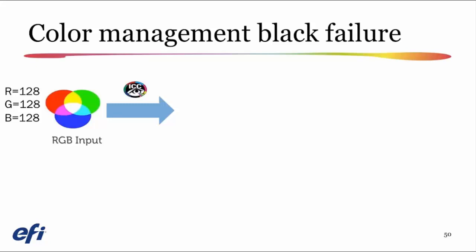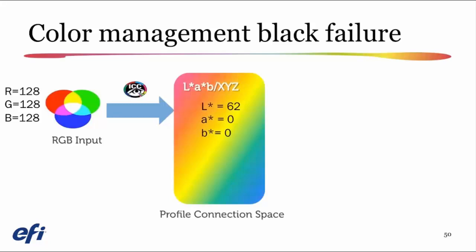So an example here is a mid-tone RGB, which looks like a gray to the eye, but it's actually composed in the design file of red, green, and blue, each at the 128 level. If I color manage RGB of 128, 128, 128 through a source profile like sRGB or Adobe RGB, I look up through that profile the appearance values in the profile connection space for that mid-tone RGB.